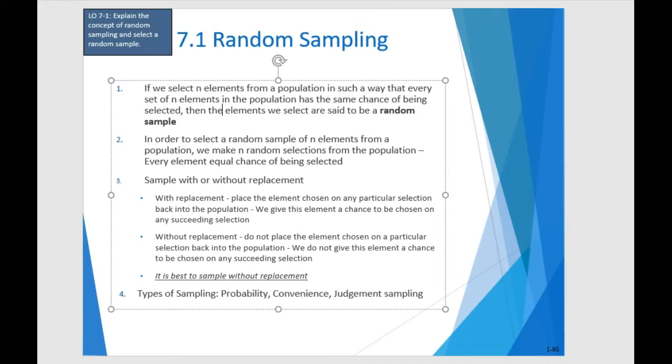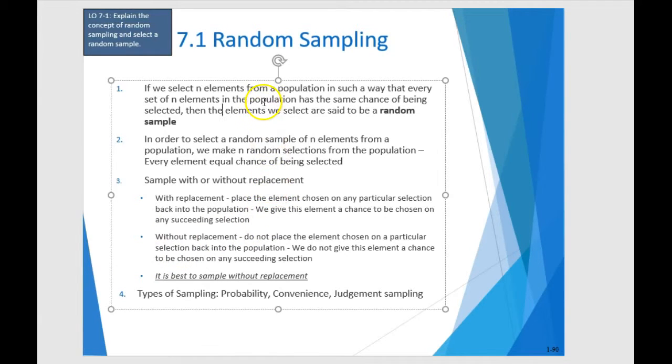We're selecting a number of elements from a population, and as long as each element has the same likelihood of being selected, we call that a random sample. In order to select a random sample of n elements from a population, we make n random selections from the population, every element with an equal chance of being selected. That's kind of what I said.